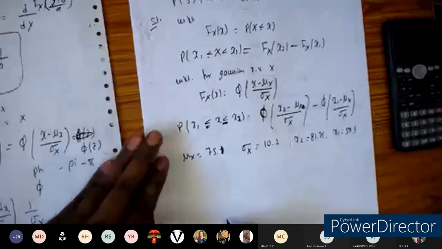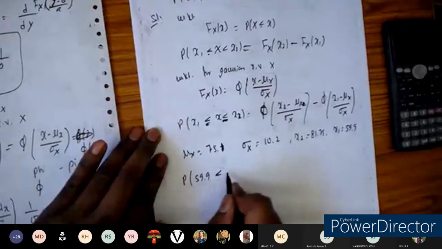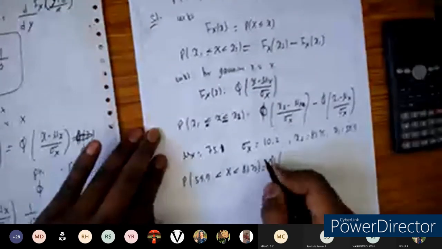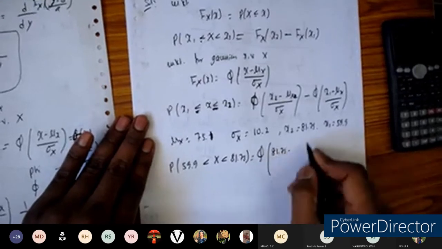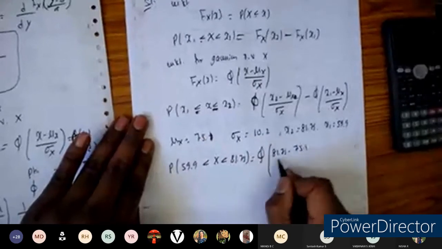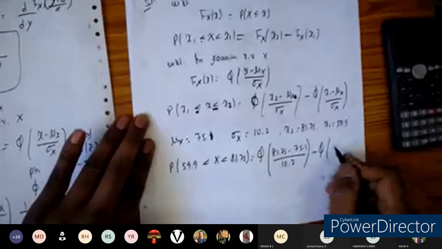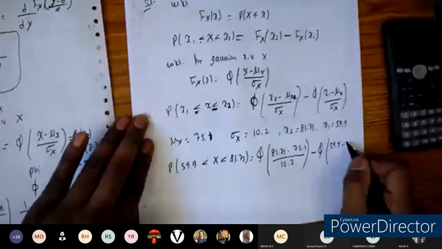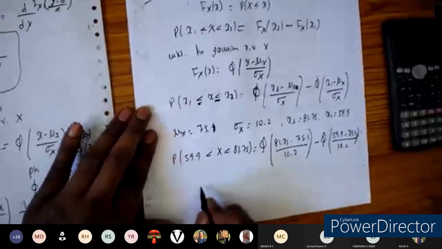So the probability that 59.9 < X < 81.75 is equal to Φ((81.75 minus 75.1) divided by 10.2) minus Φ((59.9 minus 75.1) divided by 10.2).